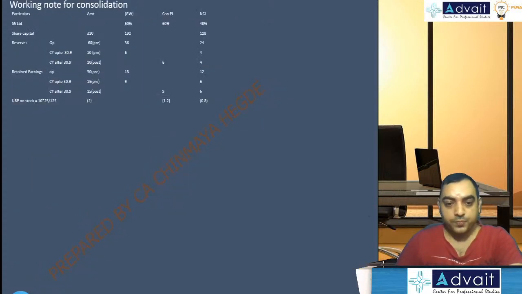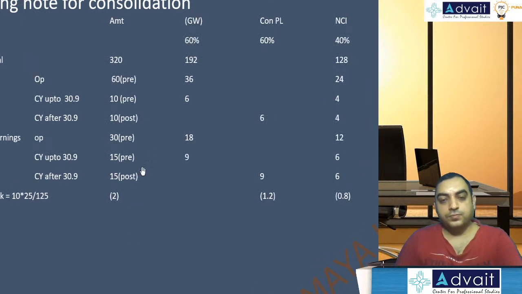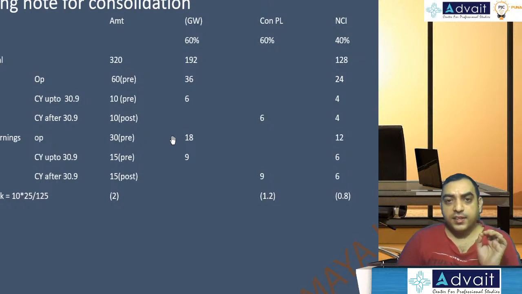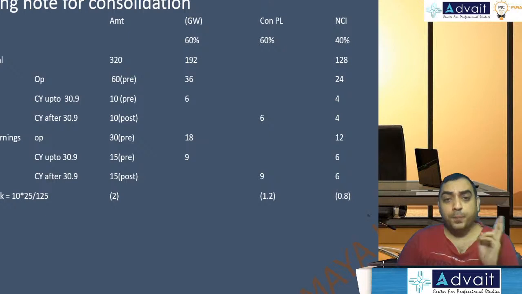Okay, now we have to compute the fair value of NCI and the proportionate net assets. Proportionate net assets means what?